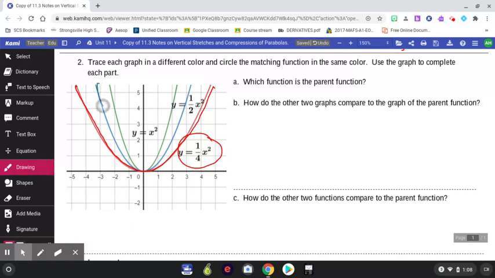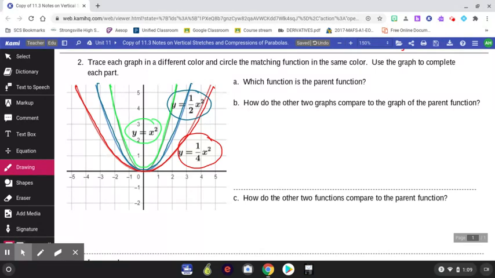My middle function, again, is in blue. And the function that goes with that is y equals 1/2 x squared. And this last one is my parent function. I've got the equation y equals x squared, okay? So again, we're just tracing our graphs and then circling the matching equation in the same color.